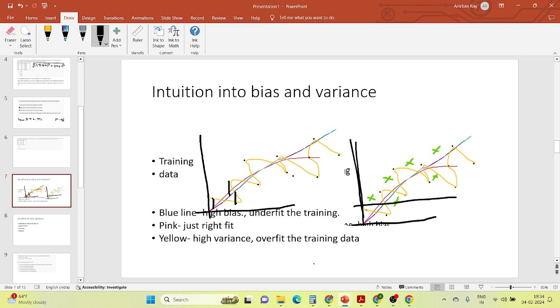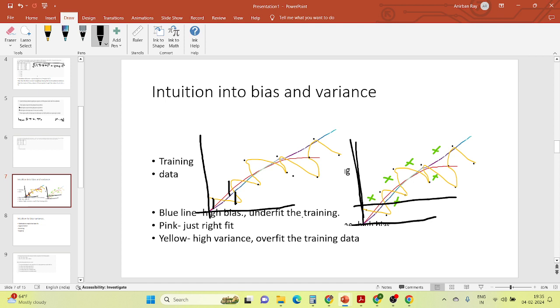Sir, does high bias always mean underfitting the training data? Yes, high bias always means underfitting, and high variance is overfitting the training data.